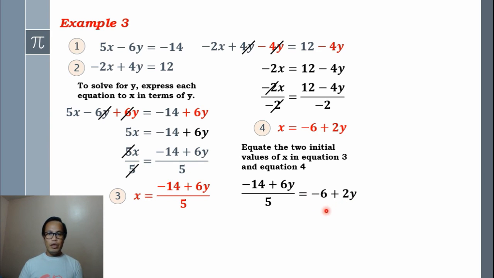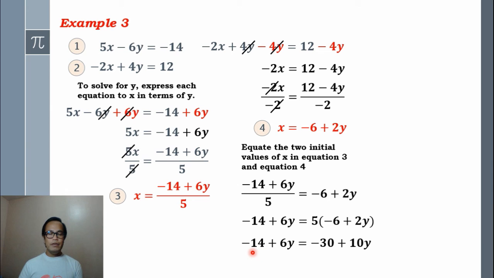So that when we cross multiply, that will give us negative 14 plus 6y times 1, the assumed denominator here. We copy negative 14 plus 6y equals, we multiply 5 times this expression, 5 times negative 6 plus 2y.